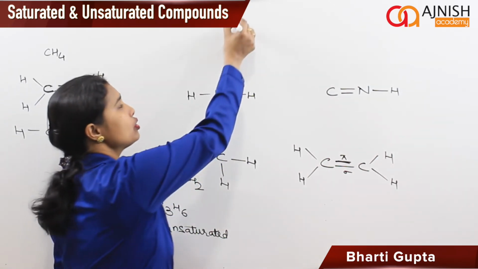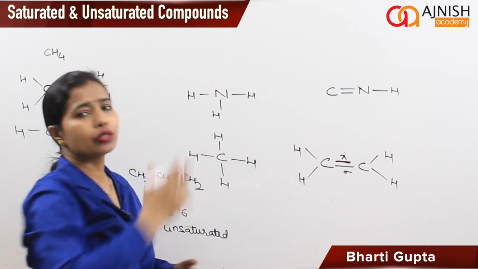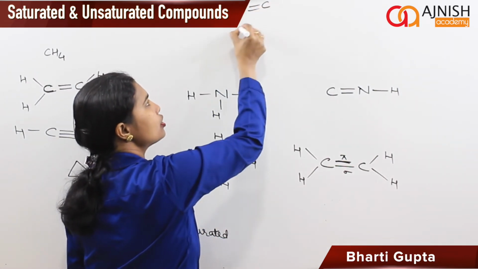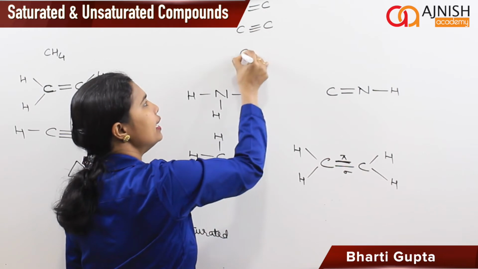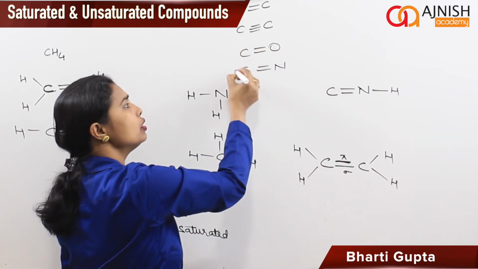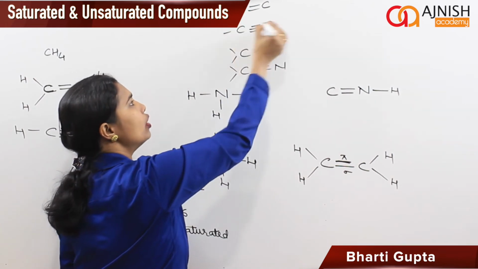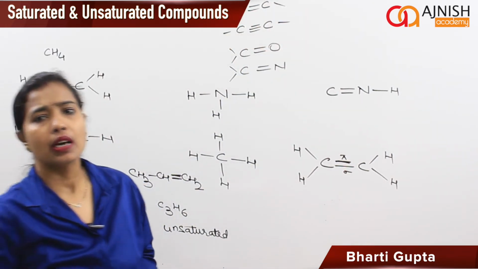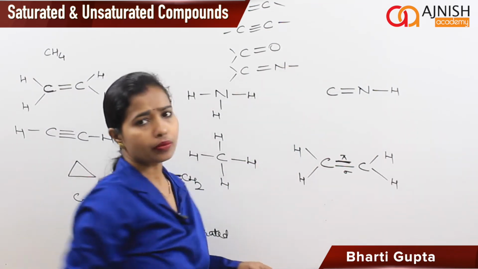Unsaturation which we come across in organic chemistry may be carbon-carbon unsaturation, double bond or triple bond, it can be carbon-oxygen unsaturation, it can be carbon-nitrogen unsaturation. Any sort of pi bond if present, then we can say the compound is unsaturated.